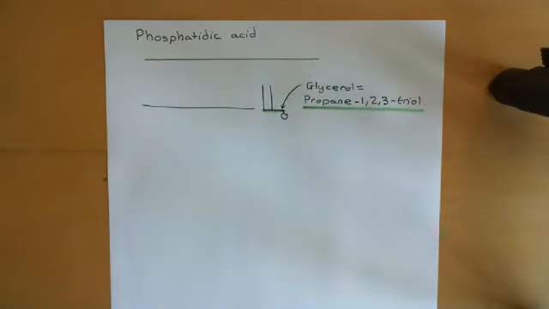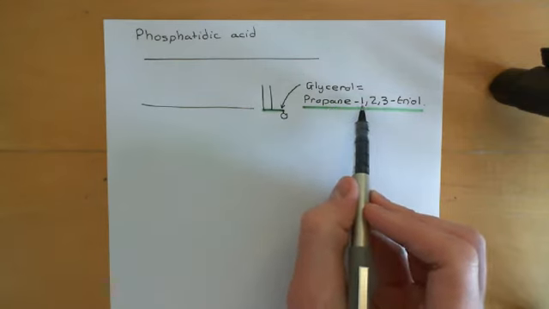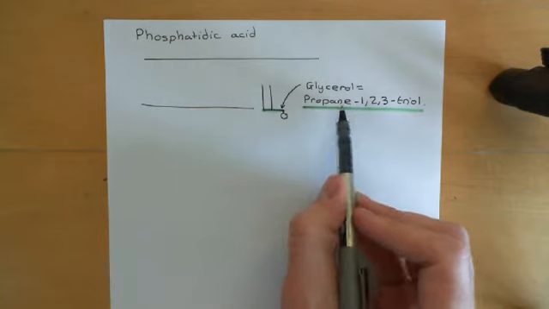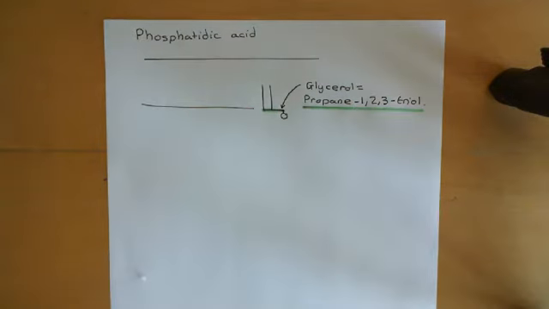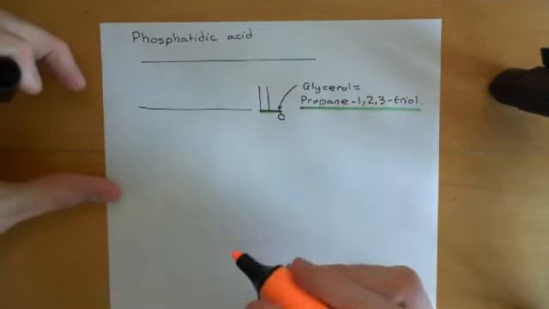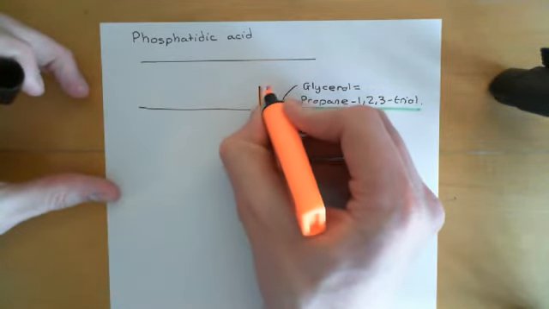It tells us that we're dealing with a 3-carbon molecule, that's the propane, where you have alcohol groups coming off the first, the second, and the third carbons of that molecule. Now, of those alcohol groups that come off the first, the second, and the third carbons of the glycerol molecule, you're going to attach things to create phosphatidic acid.